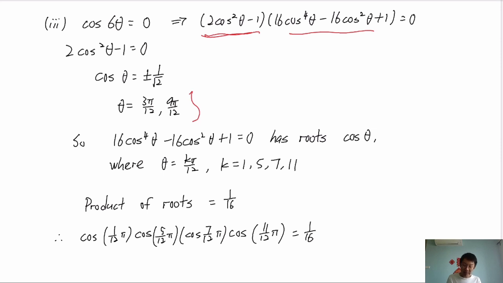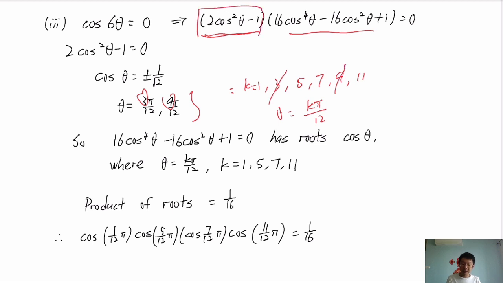Before this, remember we had 1, 3, 5, 7, 9, 11 for k, and theta is k pi over 12. Because the 3 and the 9 belong to this one, we are not going to look at them. So the rest of the values, 1, 5, 7, and 11, would be the roots for this equation here.